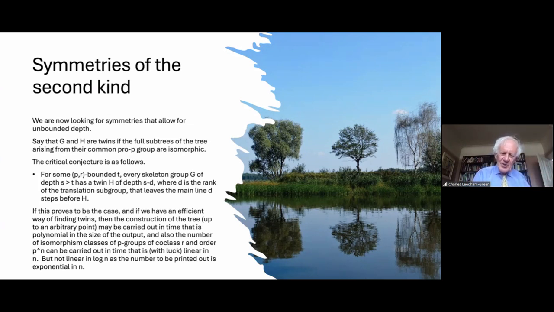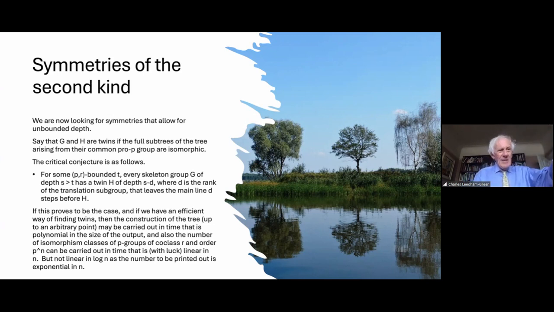So you go up the branch, and then parallel to the trunk you move down, and you hope to find a group there which should have the same order, and you hope that the subtrees rooted at these two points are isomorphic. So once you have constructed the groups to a certain depth, you can construct the tree step by step, starting at the bottom, getting these longer and longer branches.